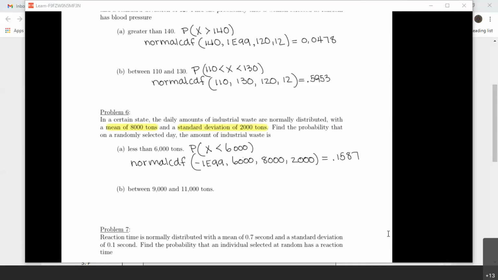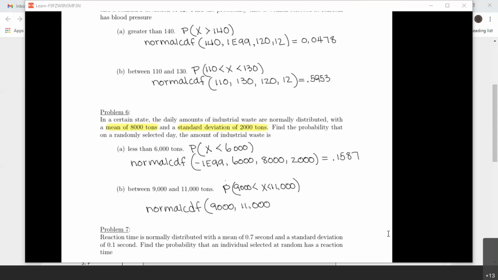The next one is between 9 and 11,000, so that's the probability that your X is greater than 9,000 and at the same time is less than 11,000. Okay, on the normal TI-84, you do normal CDF. Your lower is 9,000, your upper is 11,000.